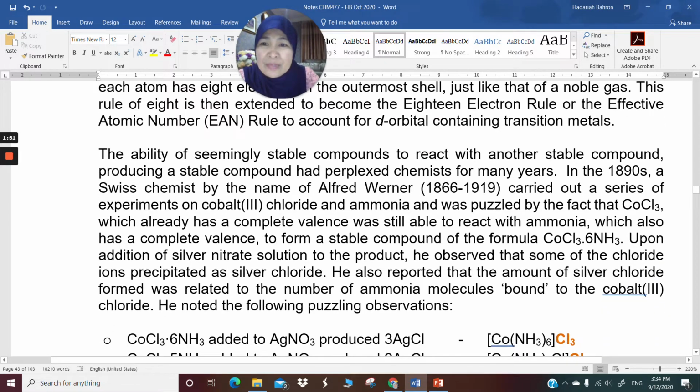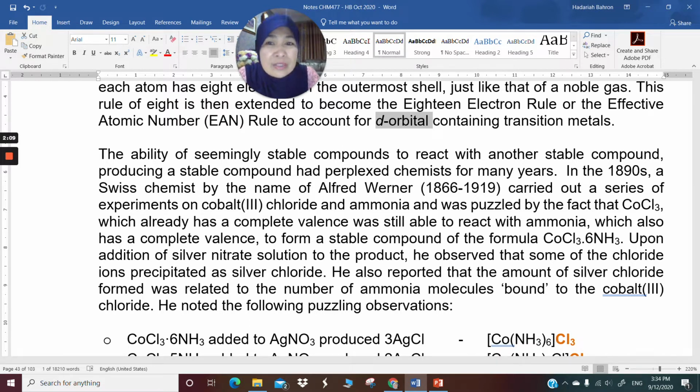This rule of 8 is then extended to become the 18 electron rule, or the effective atomic number rule, to account for the d orbitals, because we all know that there are 5 d orbitals, and they can accommodate up to 10 electrons.